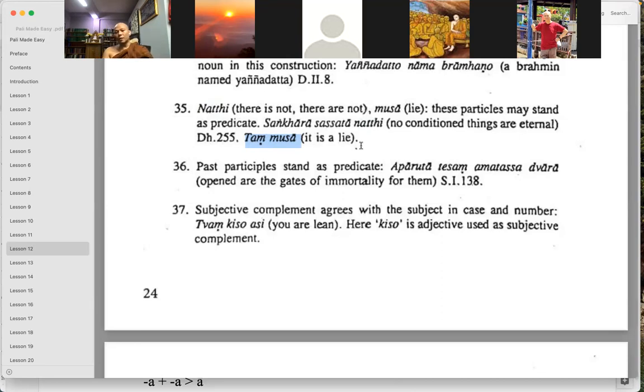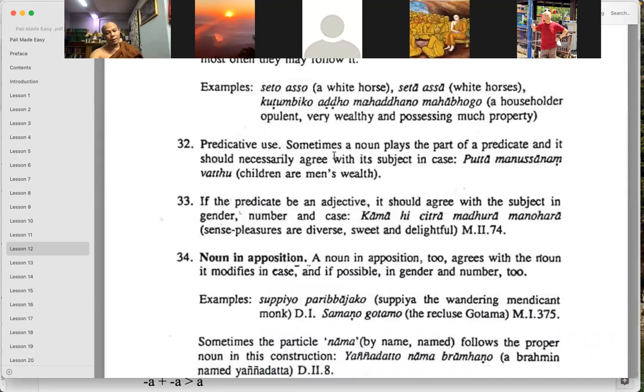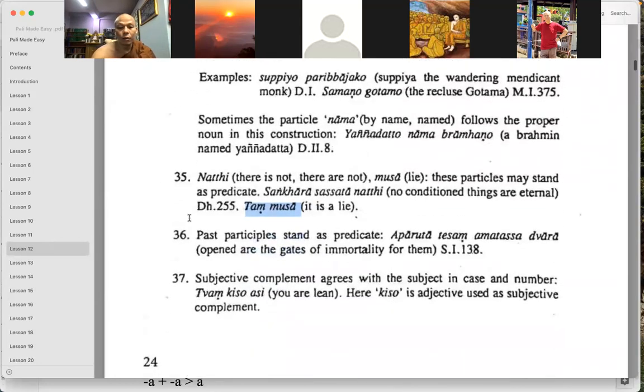But relatively, what I explained is in order. Actually, the important one we need to know is the usage of the adjective and the noun in apposition. That point is important to remember and to understand. And then the past participle. The past participle will be learned in lesson 15 in Pali Made Easy, so that paragraph I will skip.